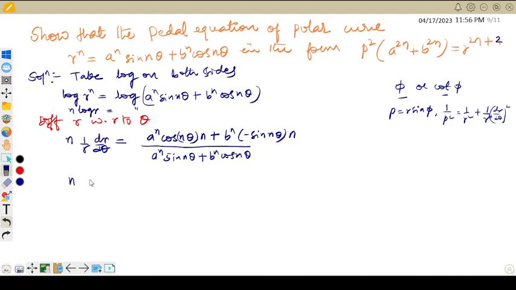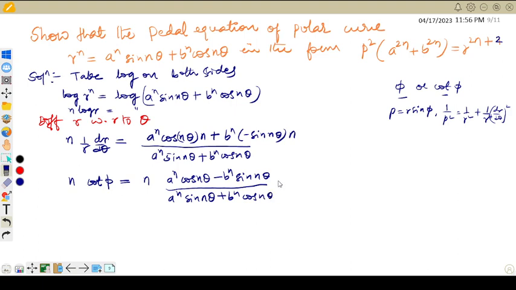This is 1 by r into dr by d theta, which is cot phi, student. n is common here, so we can take n outside and get a raised to n into cos n theta minus b raised to n into sin n theta, divided by a raised to n into sin n theta plus b raised to n into cos n theta.